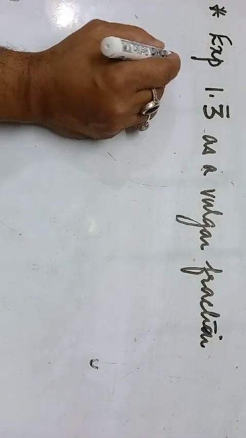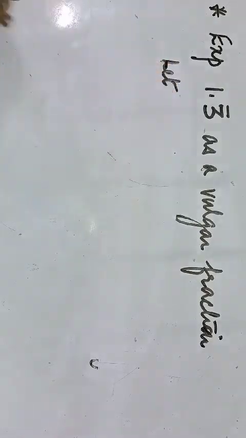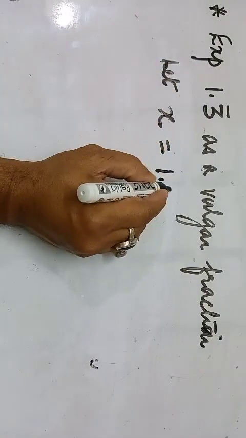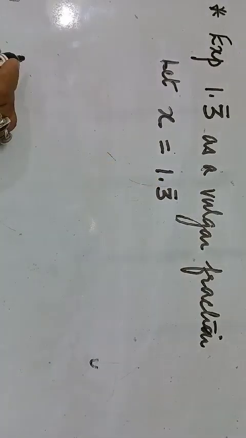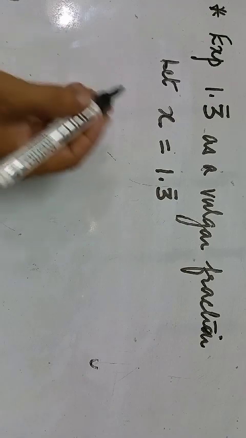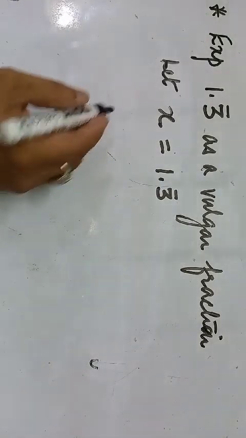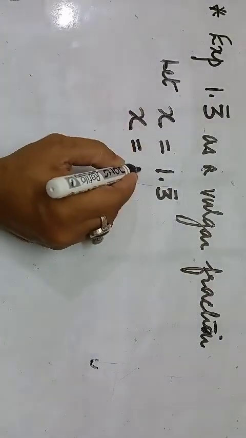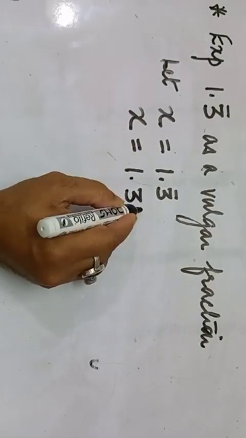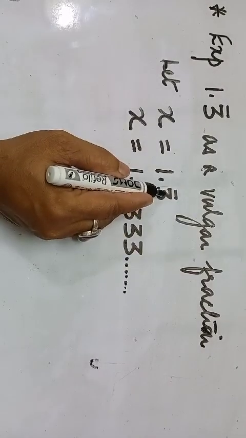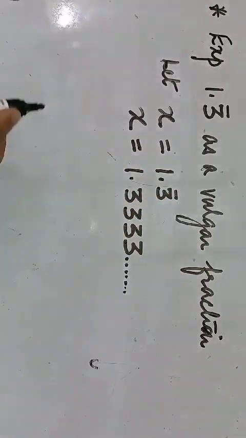So the first thing that you will do is you will assume let our number x be 1.3 bar. So I have allotted this value to constant x, so you have used an alphabet for it. The reason why we do so is that I am going to write this as 1.3333, because just now I told you that 3 with a bar means 3 is getting repeated.